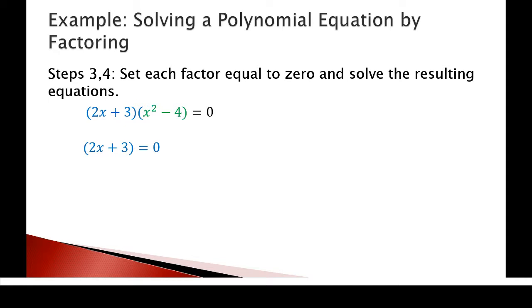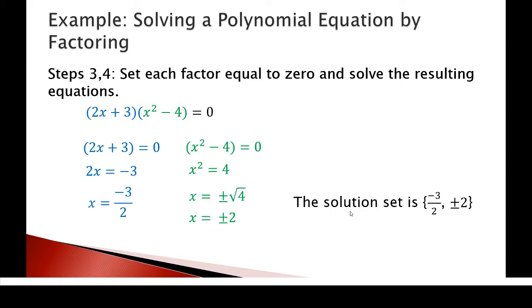So first I set 2x plus 3 equal to 0 and solve for x. Then I get x as negative 3 over 2. Then I will set x squared minus 4 equal to 0, and if you solve this factor, you will get x is equal to plus or minus root 4, which is equal to plus or minus 2.